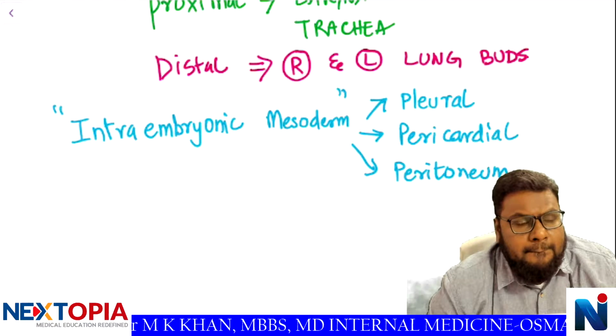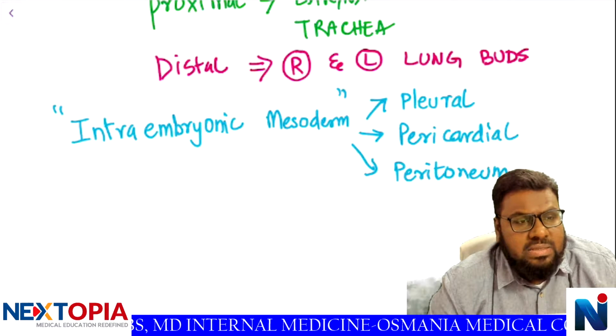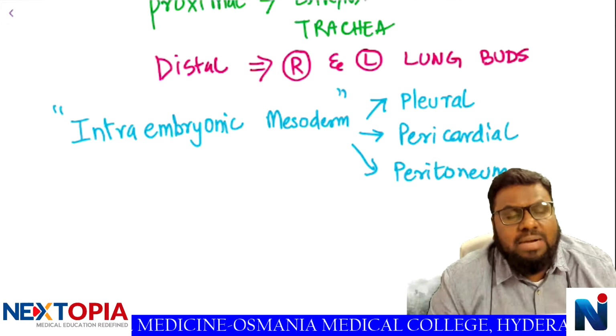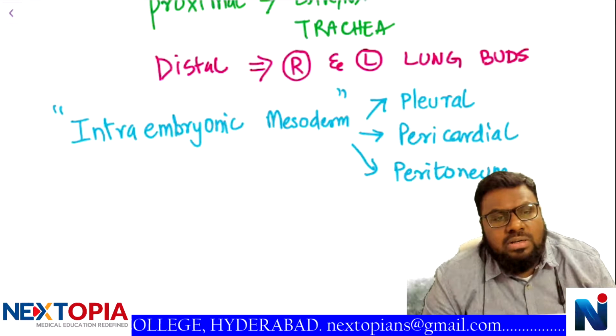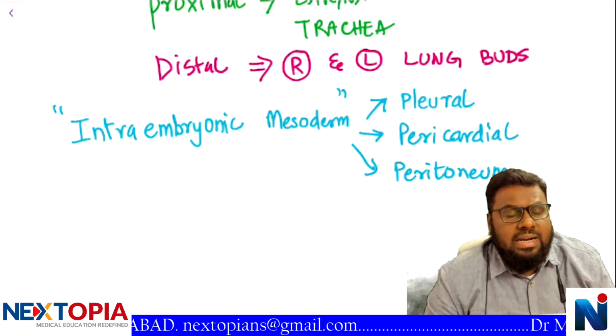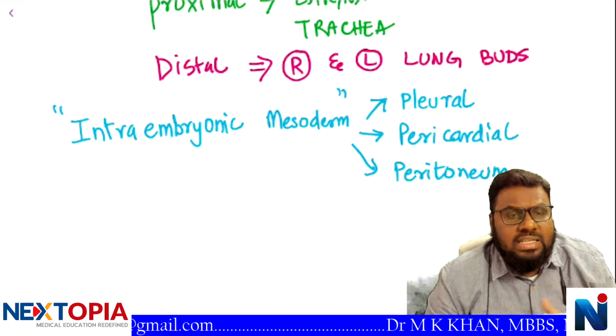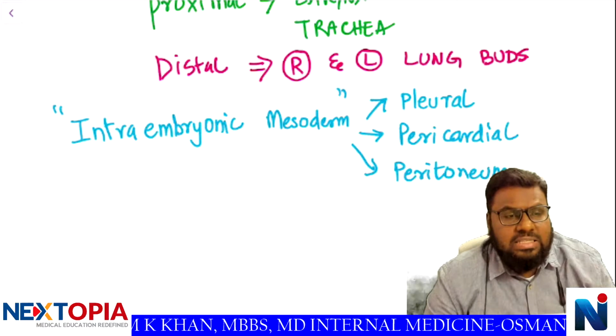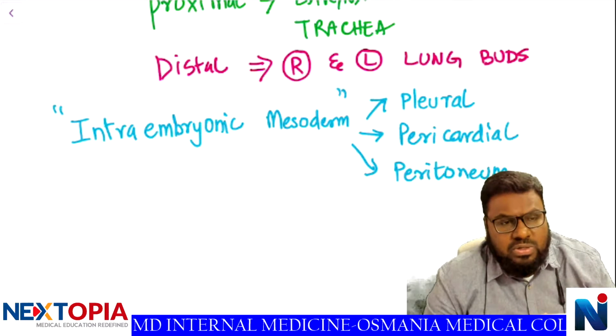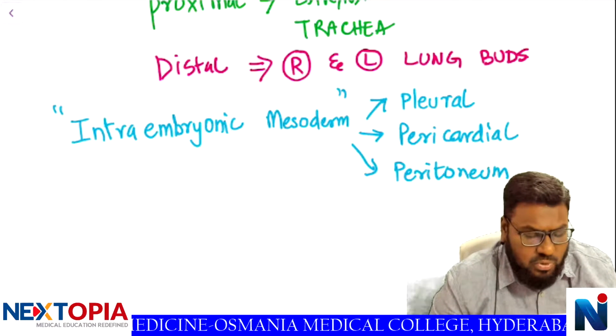So next, the pericardial cavity is derived from the mid portion of the intraembryonic mesoderm. The peritoneal cavity is formed from the right and left limbs of the intraembryonic mesoderm. The pleural cavity is formed by the right and left pleuropericardial canals of the intraembryonic mesoderm. So the pleuropericardial canal gives rise to the pleural cavity.